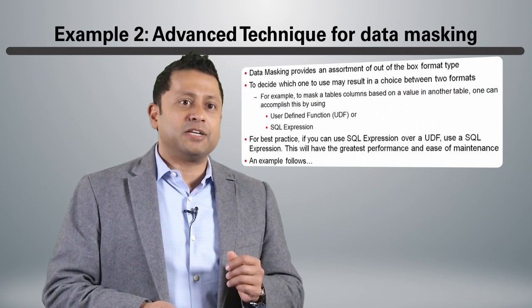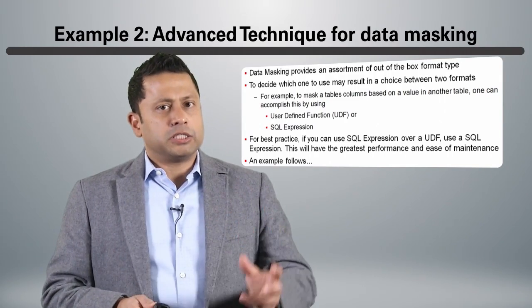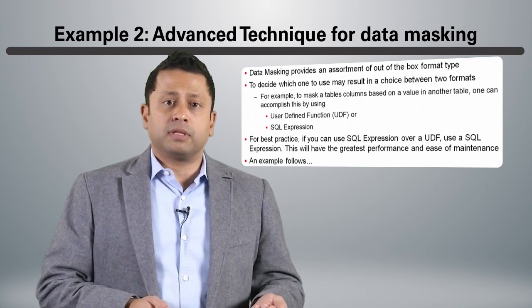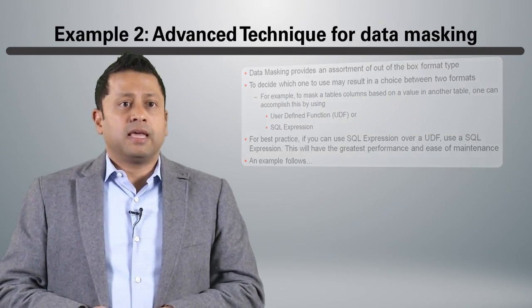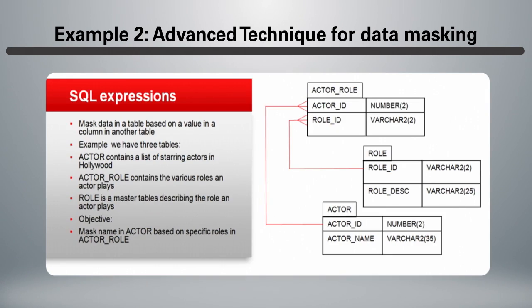The whole idea here is it's based on a logic that resides in another column, and that's how I want to mask it. And this is what this use case defines. And I'll show you the flow. So the flow was mask the actor name in the actor table. Of course, the table name has been obfuscated to protect the innocent.